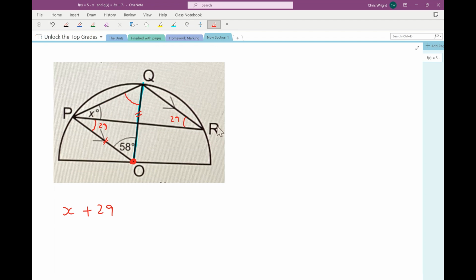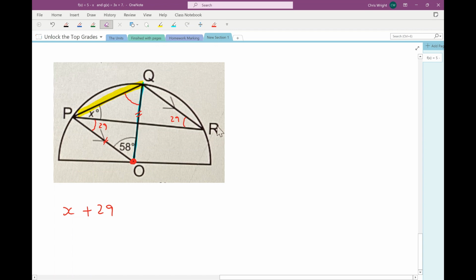But also, what about if we were to look at this yellow triangle? Now I'm thinking, can we find another expression for that angle at Q? The answer is not yet.